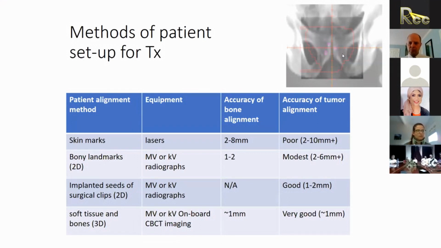I already answered him, but I cleared up that the CBCT is a volumetric CT. It's not cut by cut, and it takes around 5 minutes for reconstruction and acquisition. So do you want to?